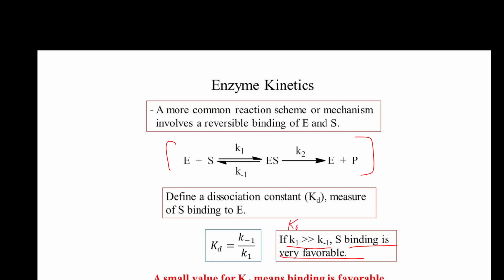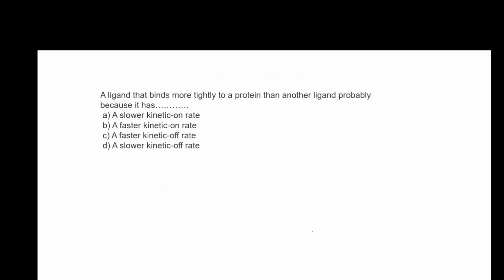If K off is less, the binding is favorable. So if one ligand binds more tightly than another ligand, it is because it has a slower kinetic off rate. This should be low enough for the binding to be strong or favorable.